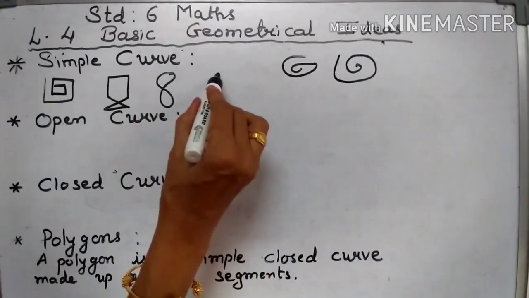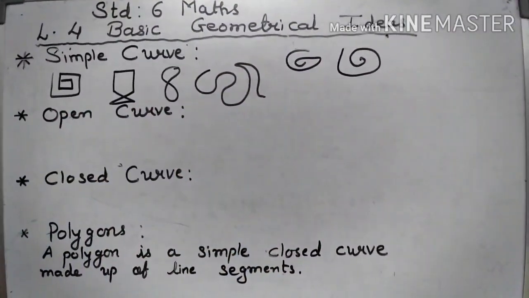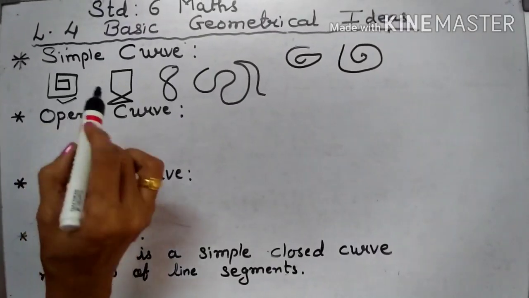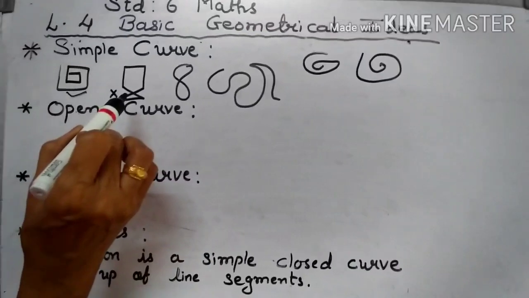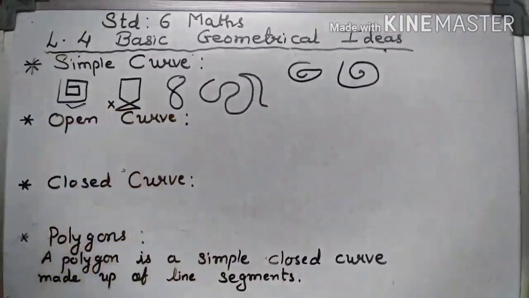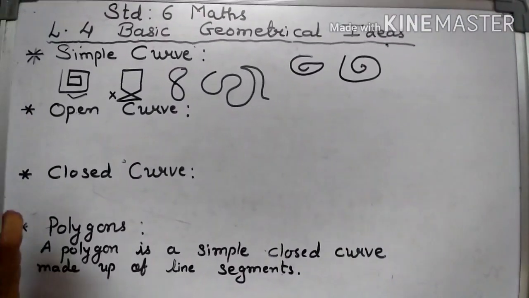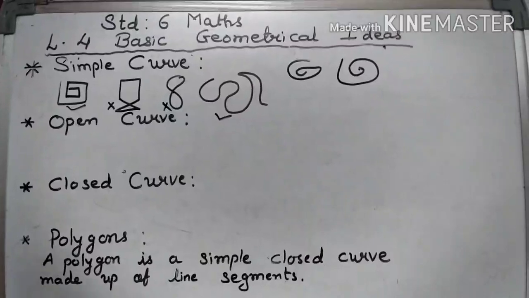No, but you can say that this is your simple curve. This is your simple curve, but this is not your simple curve because it crosses at one point. Here also this figure crosses at one point, so it is also not a simple curve. This is your simple curve.